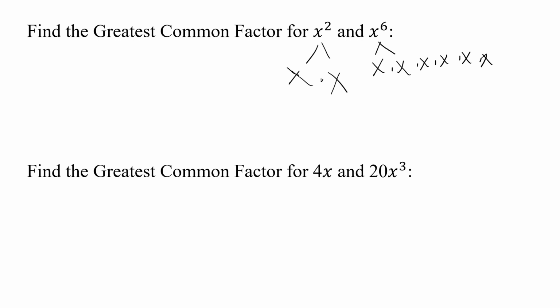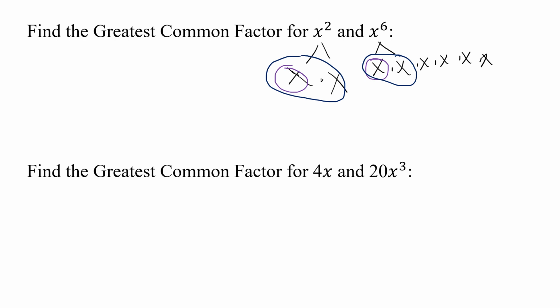So we have the greatest common factor between x times x and x times x times x times x times x times x. Well, they all have x in common, for sure, but they have more than just one x in common. They actually have two x's in common. Now we can't go above two x's because this x squared only has 2.